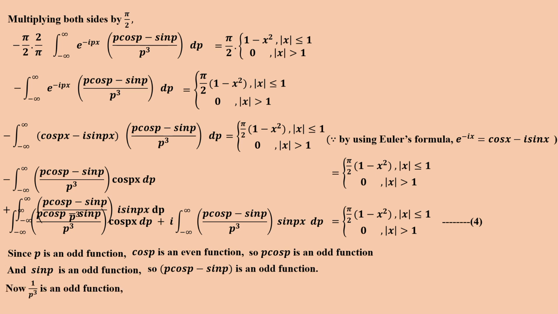Now 1 by p cube is an odd function, and p cos p minus sin p is an odd function, so the product of two odd functions is an even function. And sin px is an odd function, so (p cos p minus sin p) by p cube into sin px is an odd function, right? Because (p cos p minus sin p) by p cube is even, sin px is odd, and the product of even and odd gives an odd function.